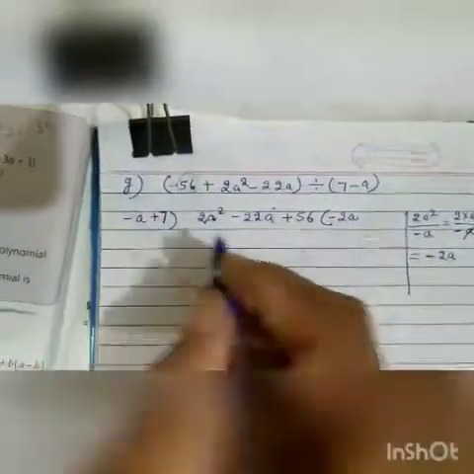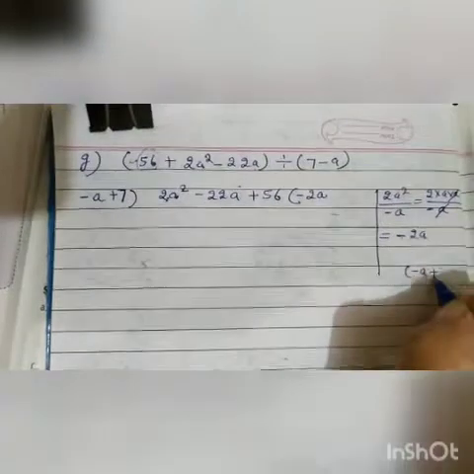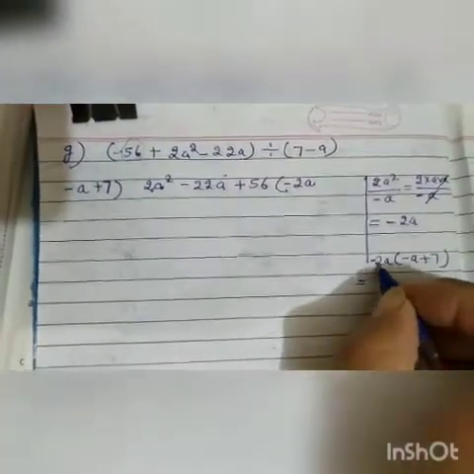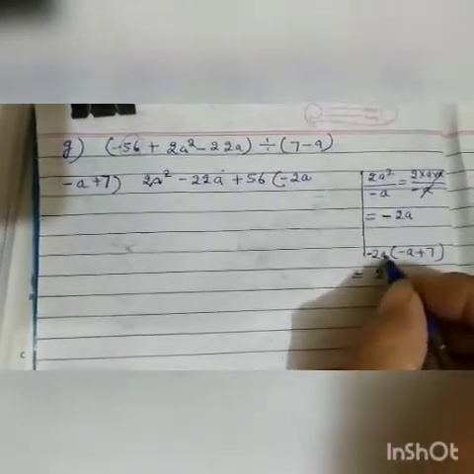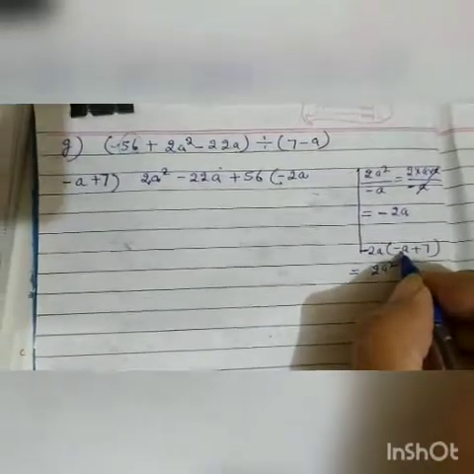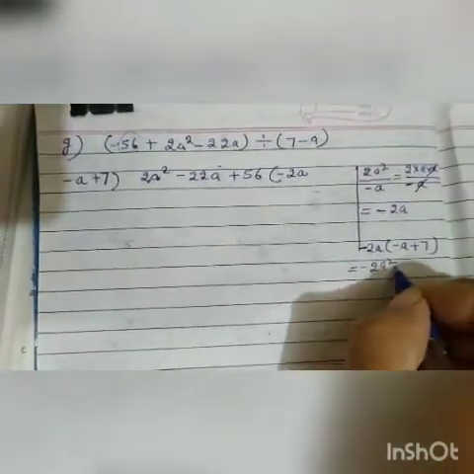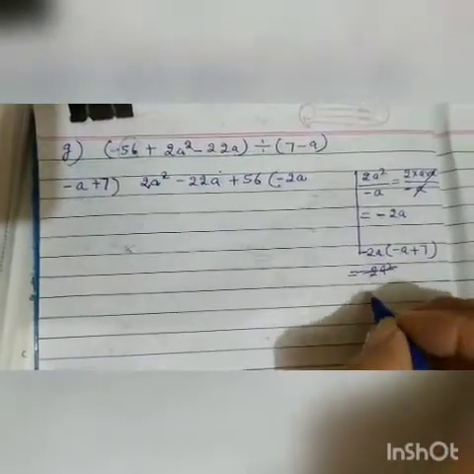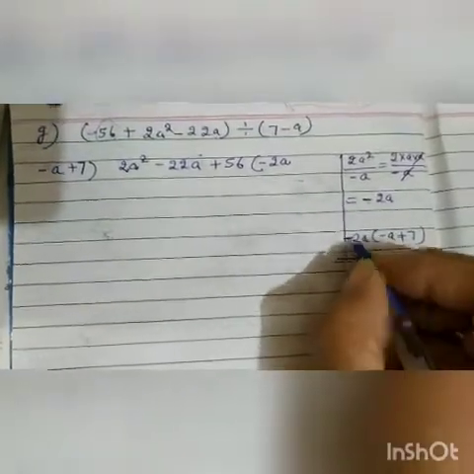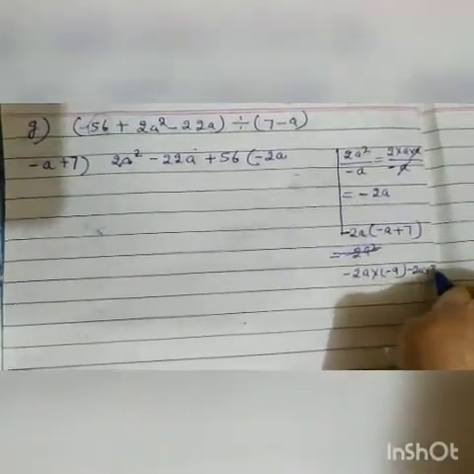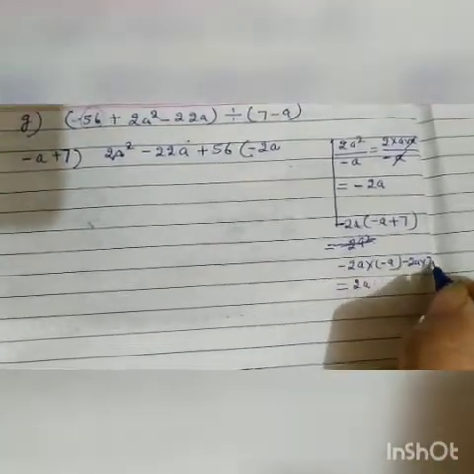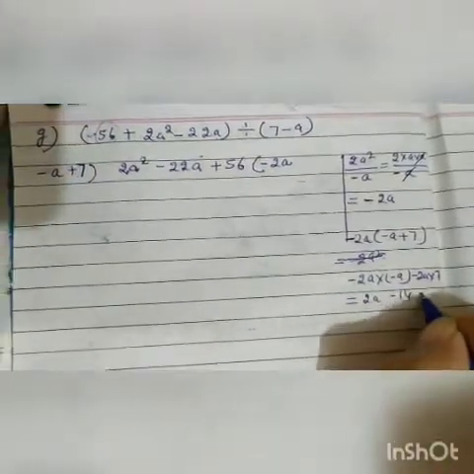Now this minus a plus 7 will be multiplied by this minus 2a. When we multiply minus 2a with minus a, it will become plus 2a square, then minus 2a multiplied by 7 is minus 14a.